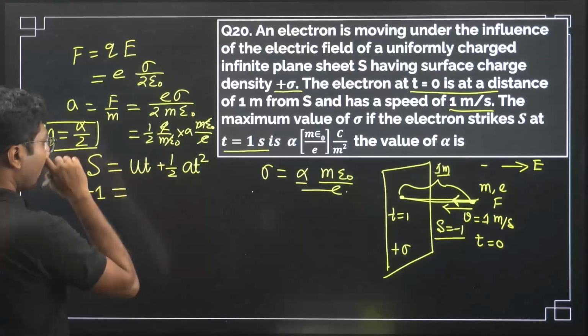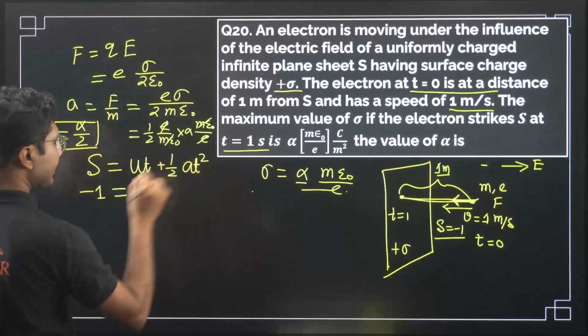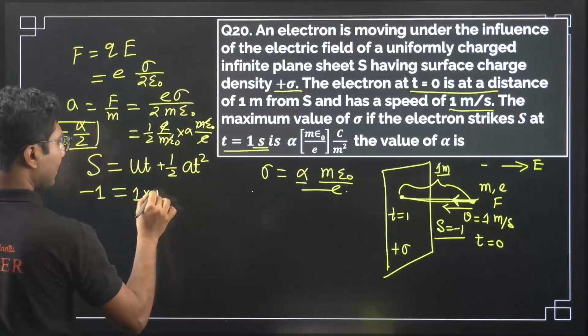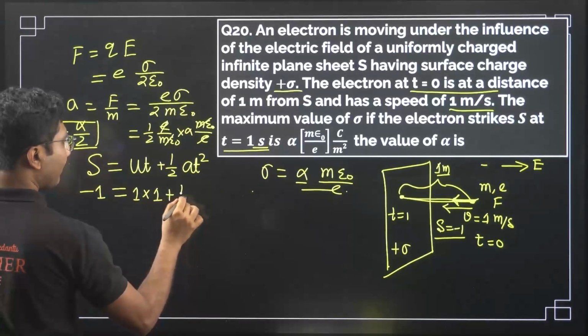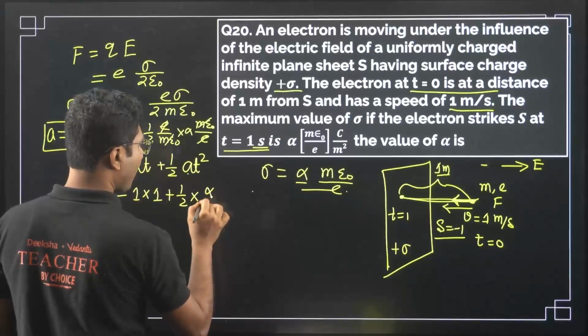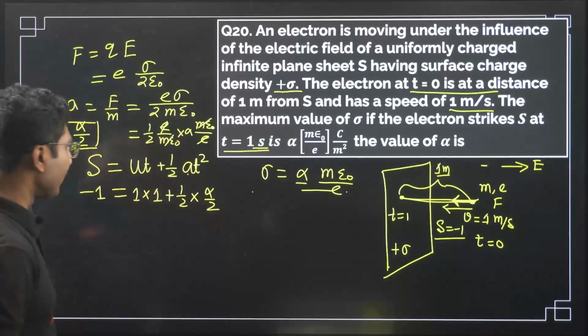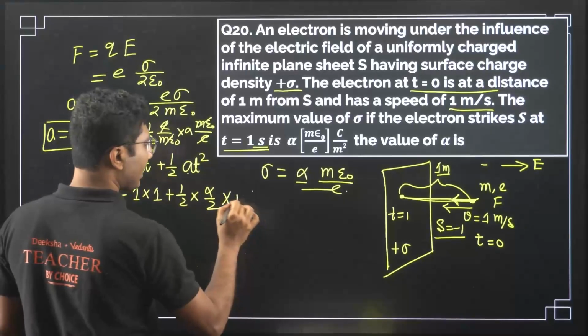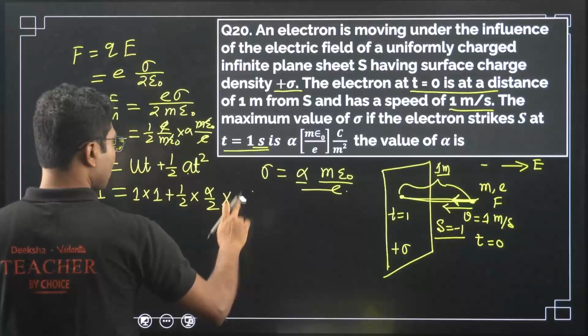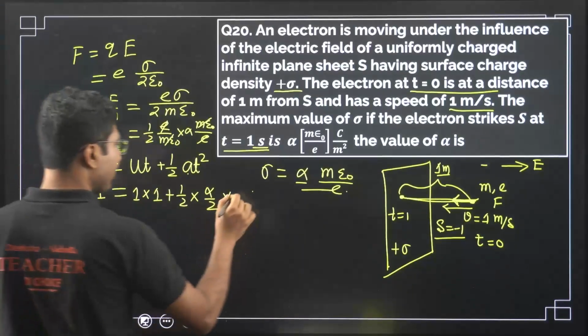So minus 1 equals to u is 1, time is given 1 second, plus half a is alpha by 2, right? A is alpha by 2 times t square means 1 square, which is basically 1. Anyway, it is my duty to write it.